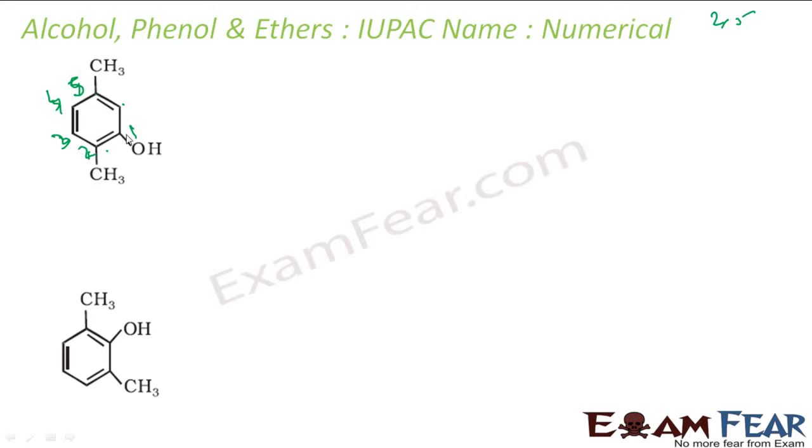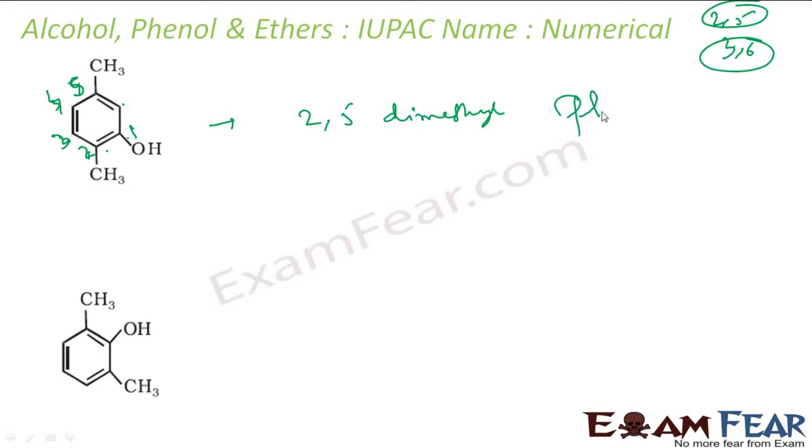You can take this where this will always be 3, 4, 5, 6. 2,5 or 3,6. Two options. We number in this fashion 1, 2, 3, 4, 5, 6, 3,6 or 2,5. 2,5 is better than 3,6. 2 plus 5 is 7. 3 plus 6 is 9. So I'll take it 2,5. So it is 2,5-dimethyl, and this is phenol. 2,5-dimethylphenol.